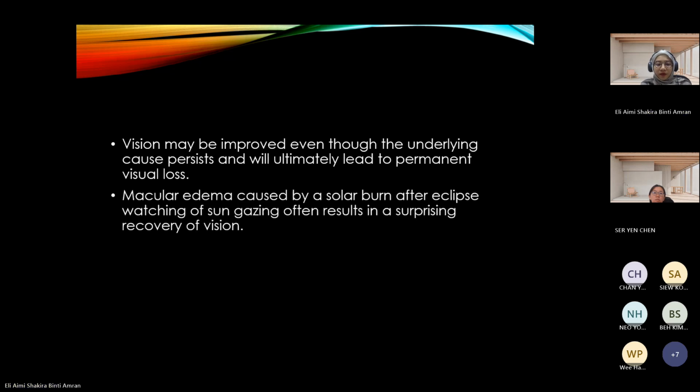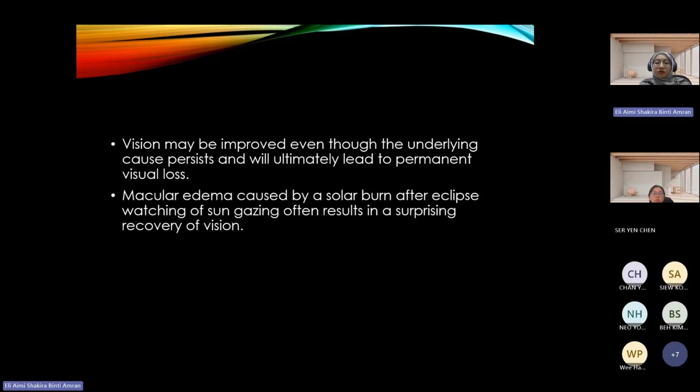So macular edema caused by a solar burn. After, like, we are watching the eclipse, or maybe you are sunbathing or sun gazing. It can cause transient visual loss as well, but usually the recovery is also fast.